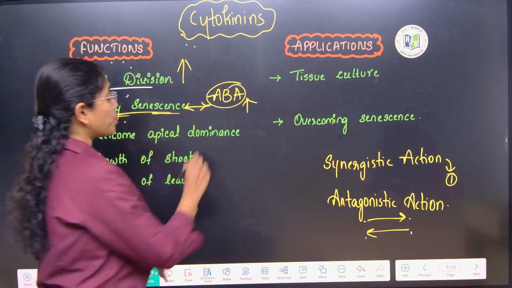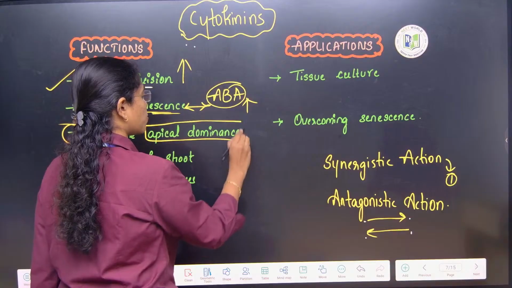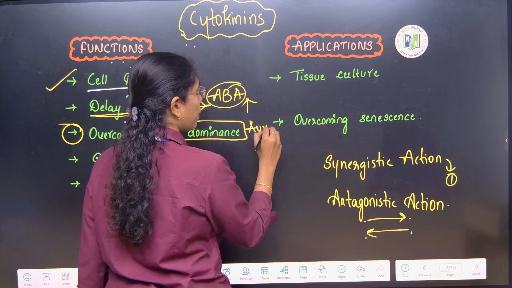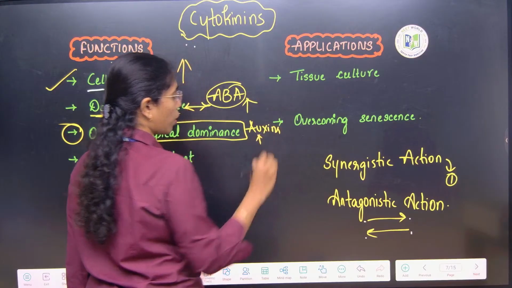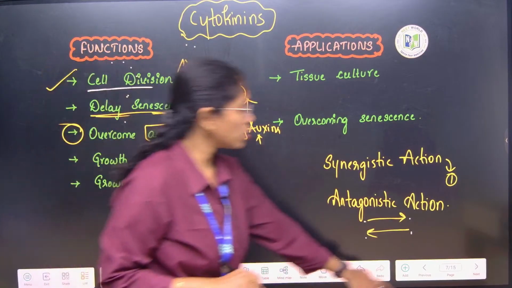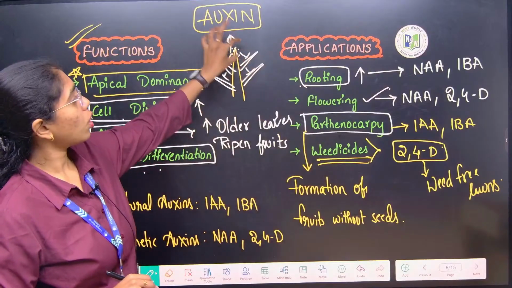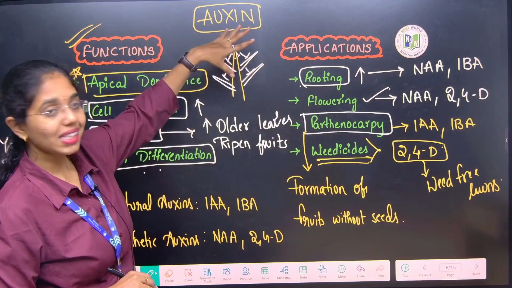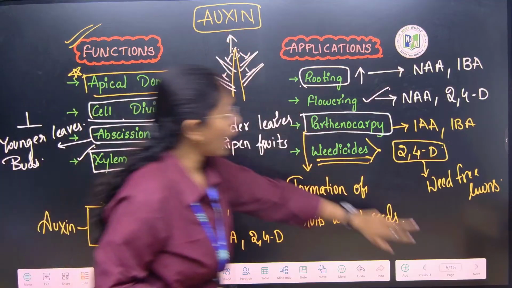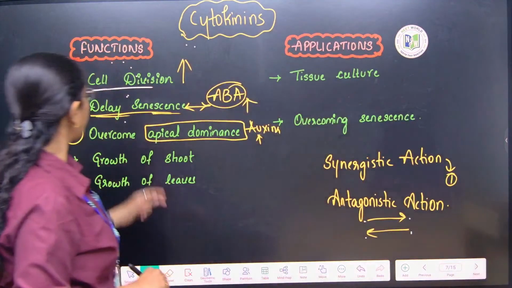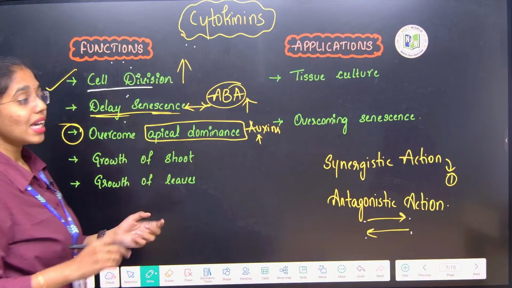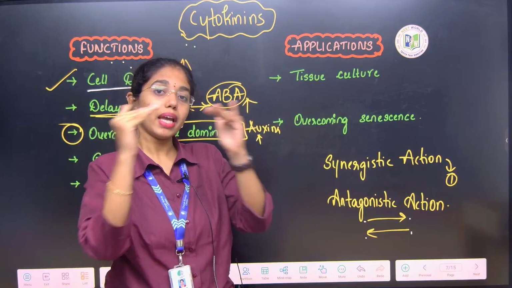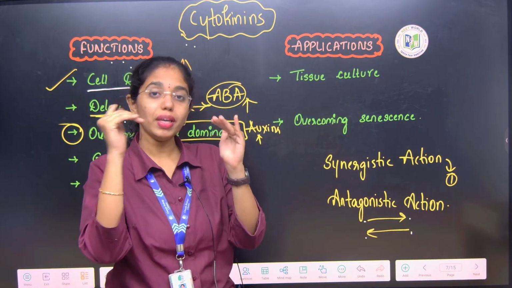Now, with respect to apical dominance, auxins will promote the apical dominance. That is, auxins will promote the growth of apical bud and inhibit the growth of lateral buds. But if you apply cytokinins, the apical dominance phenomena will be reversed, because cytokinins will help in the growth of lateral buds, whereby apical bud growth will be inhibited.